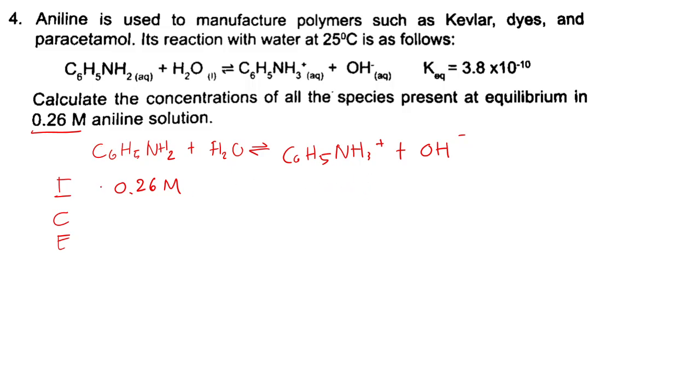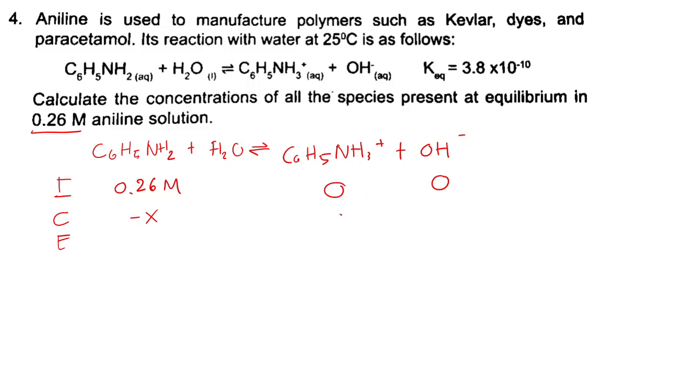So of course at the start of the reaction we don't have any of the products, so we have zero concentration of the products over time. So here we have a decrease in the concentration of the reactant. Let's call that X. So here, since it's decreasing, I'll put negative X. And of course, over time, these reactants are turning into the products.